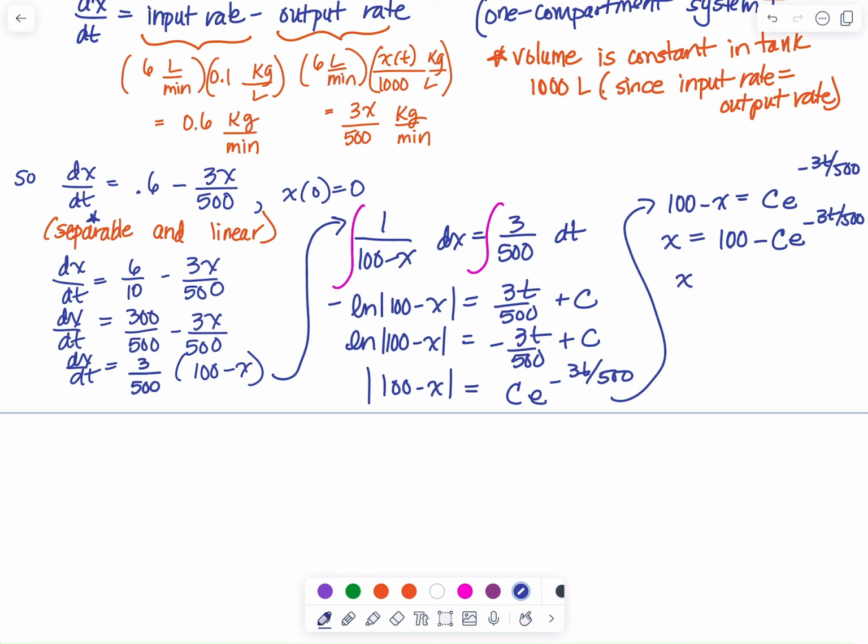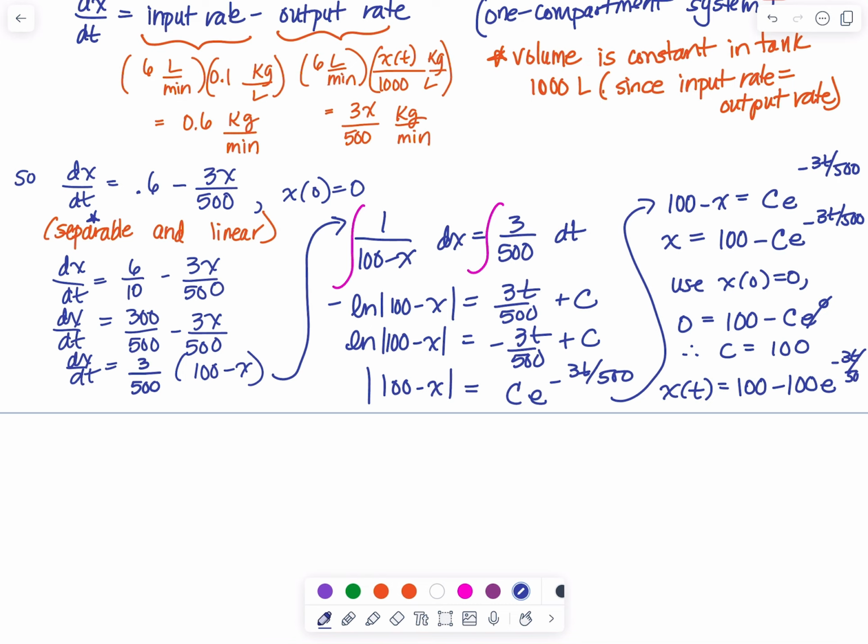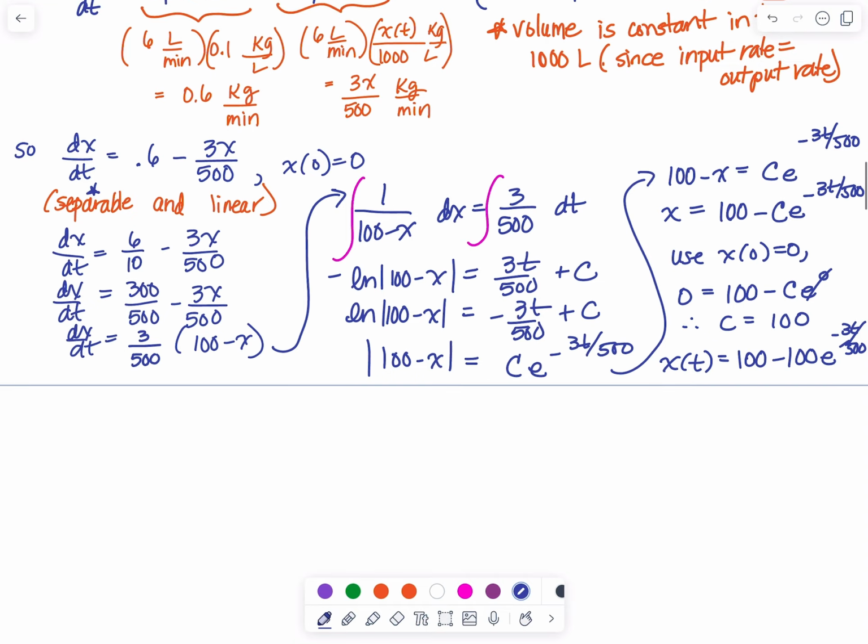Now, using our initial condition, we have 0 equals 100 minus c e to the 0. So c is equal to 100. So finally, we have x of t is equal to 100 minus 100 e to the negative 3t over 500.